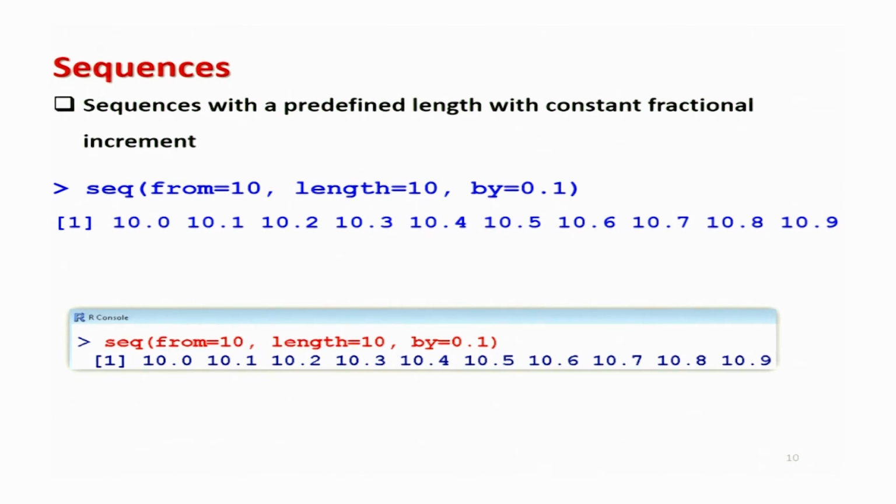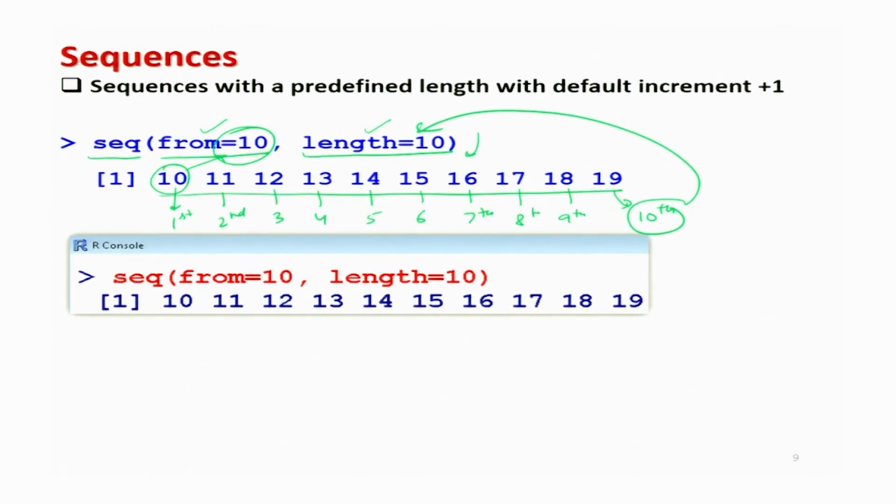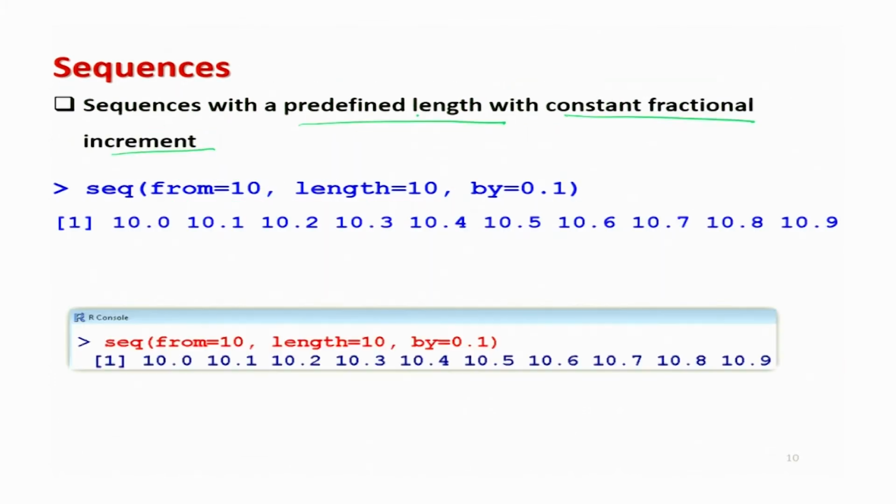And now I will take a combination. I want to generate a sequence of predefined length which has a constant fractional increment. You have just used the sequence command with from and length. Now in this command I will also use the option by.